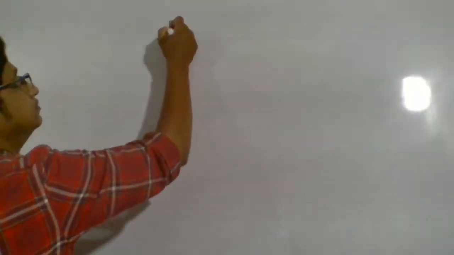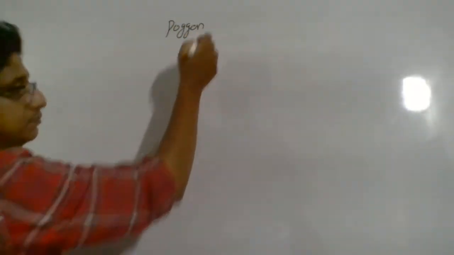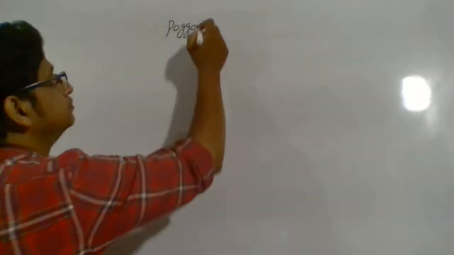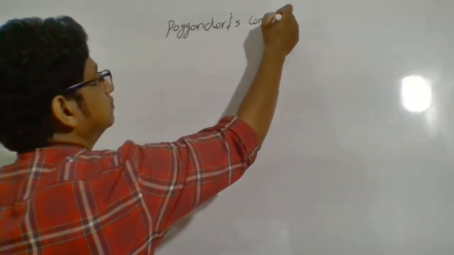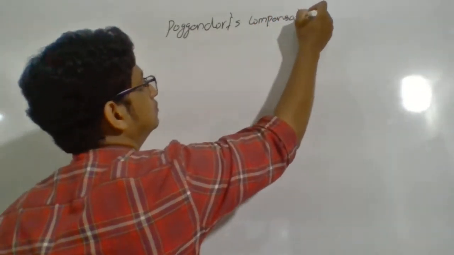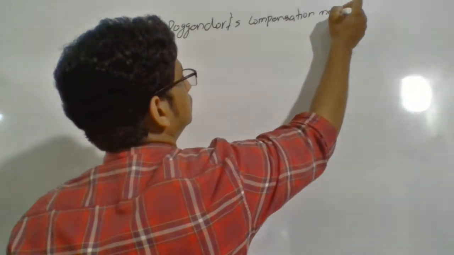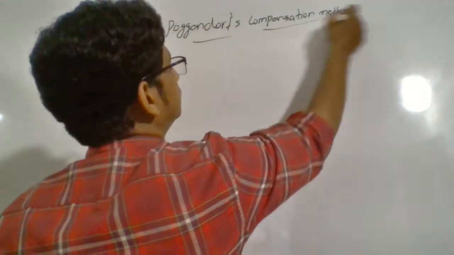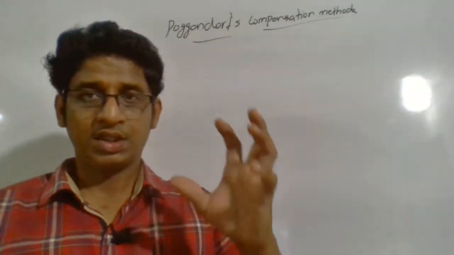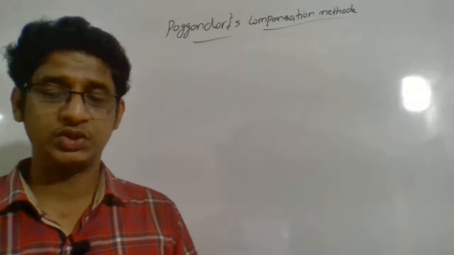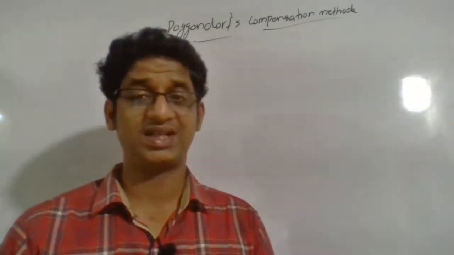Poggendorff compensation method. The Poggendorff compensation method is one of the important potentiometric methods which is used to measure the EMF of a cell accurately.